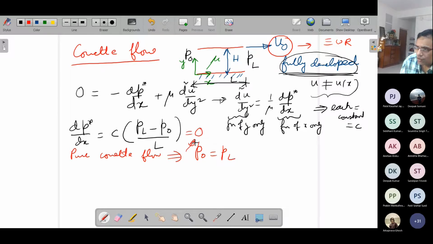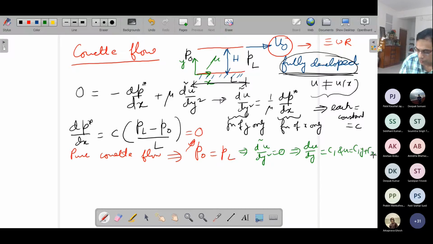So that means the simplest second order differential equation that you can get appears, that is d2u/dy2 equal to 0. If you integrate it twice, du/dy equals c1 and u equals c1y plus c2.